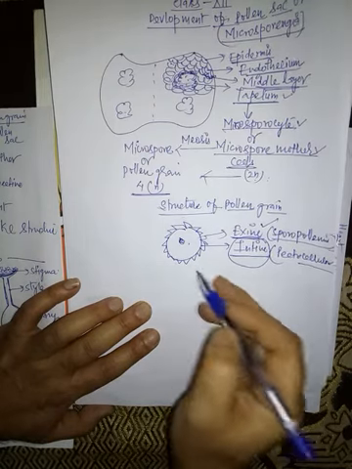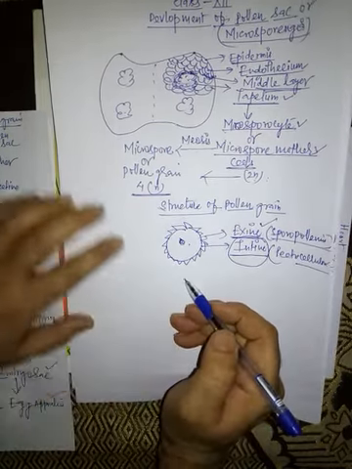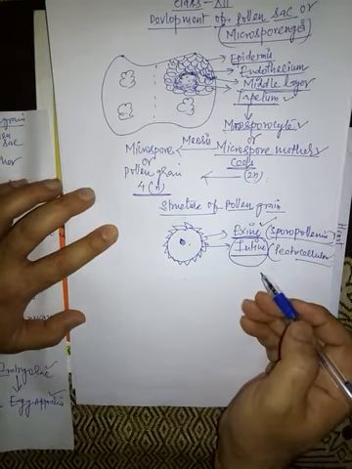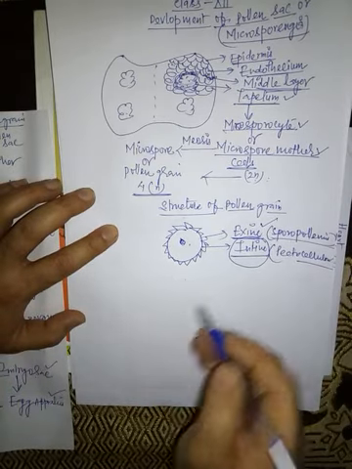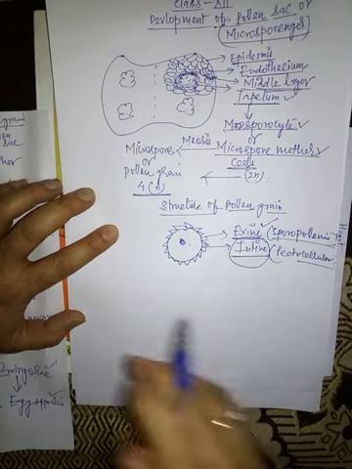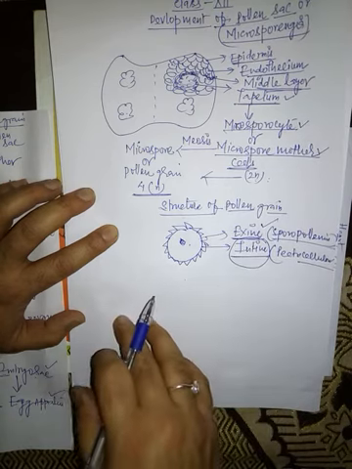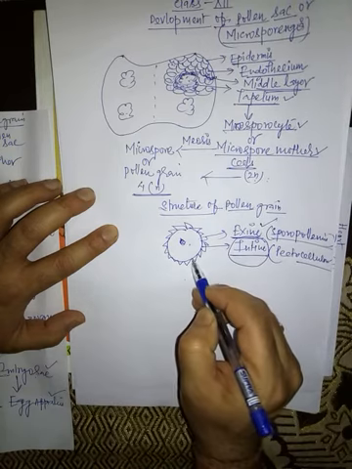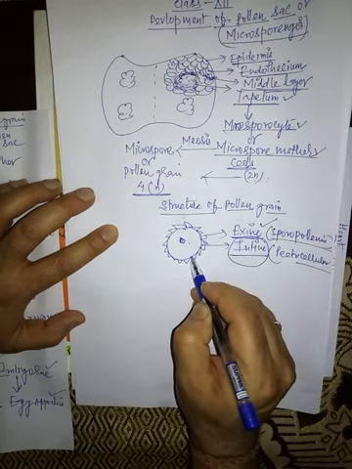When the pollen grain is transferred by pollination on the stigma part of the carpel and pistil, then these pollen grains form pollen tube.